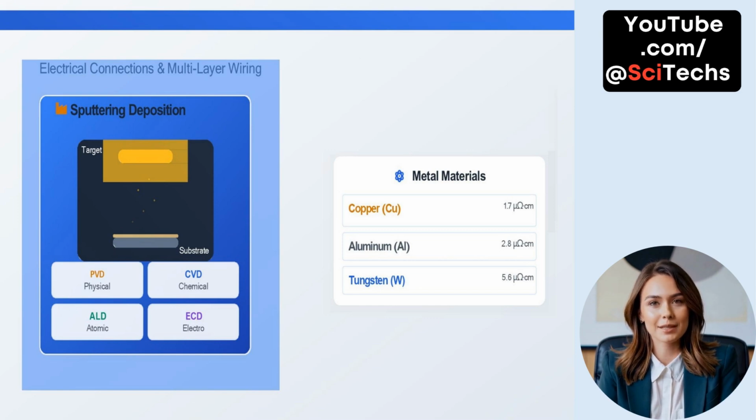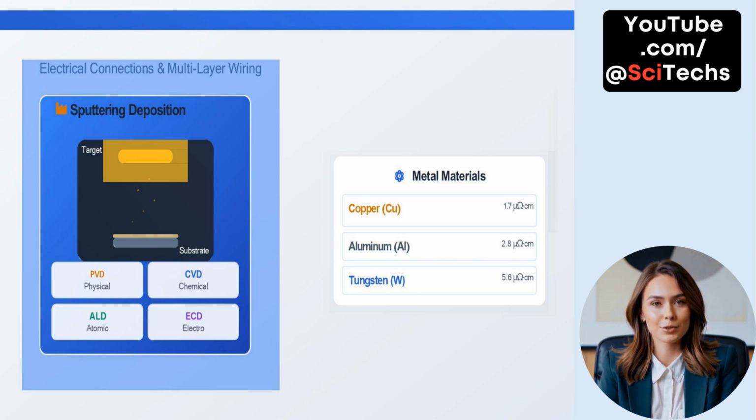Alongside PVD, other deposition techniques include chemical vapor deposition, CVD, which uses gas phase reactions, atomic layer deposition, ALD, known for its atomic level thickness control, and electrochemical deposition, ECD, often used for copper plating in interconnects.